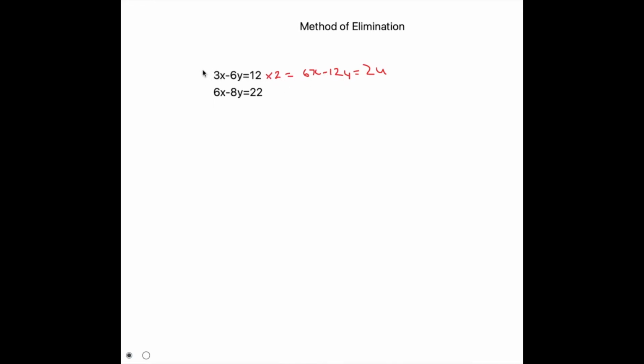Let's label our equations. This is equation 1, this is equation 2, and this new equation that we have right here is equation 3. Let's compare equation 3 and equation 2.